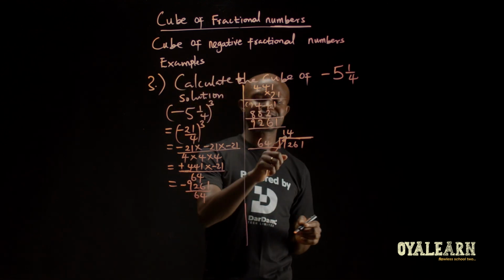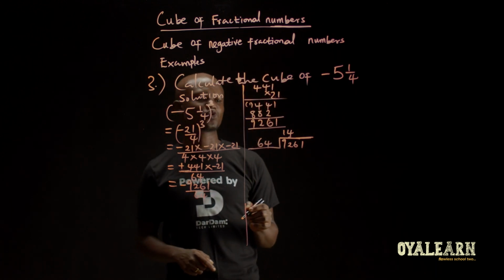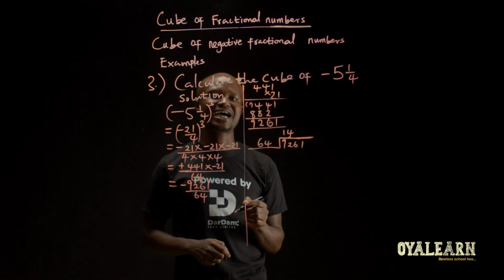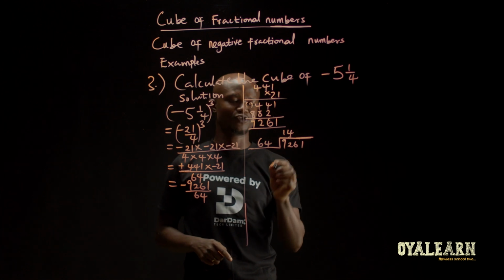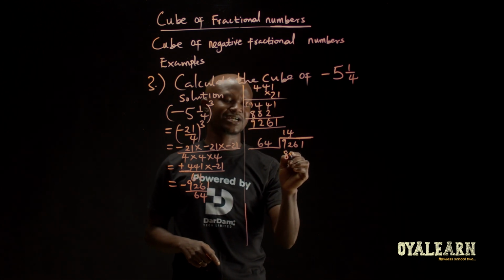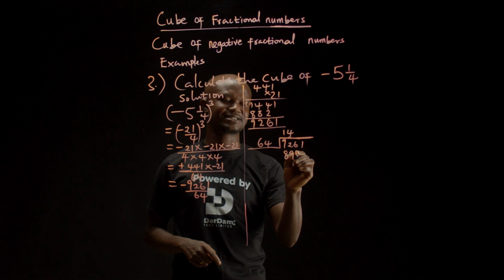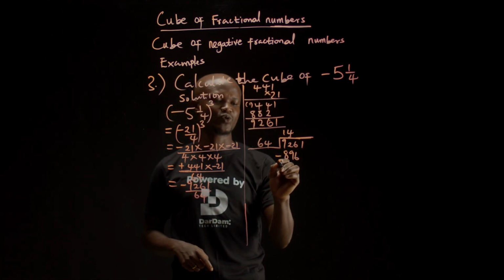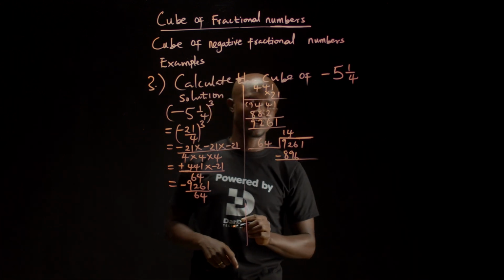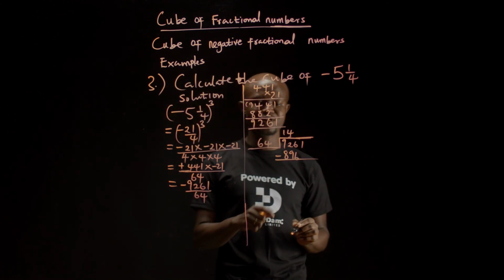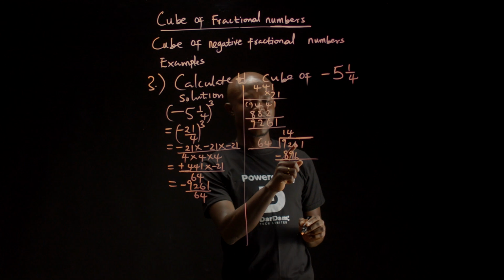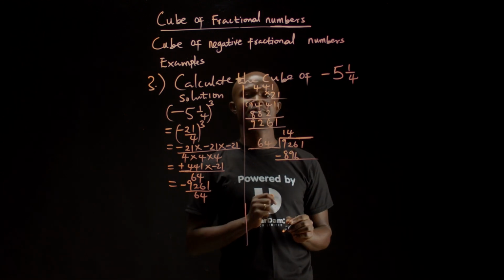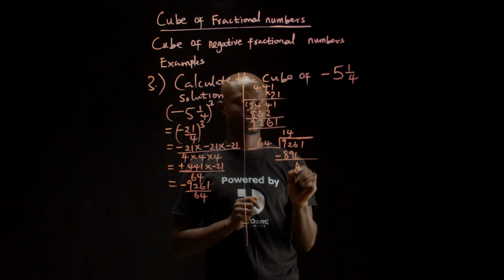Now, 14 times 64 will give us 896. Then let's take away from here. 6 minus 6 gives 0.